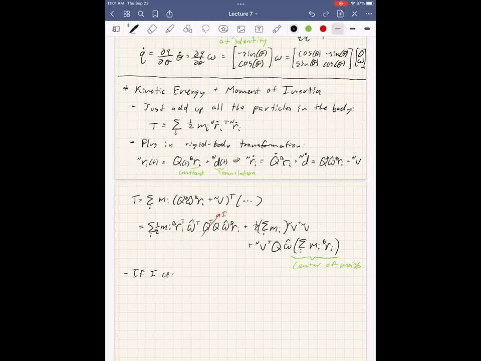If I put the origin of the B frame at the center of mass, the last term goes away.